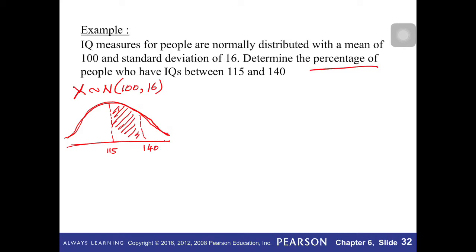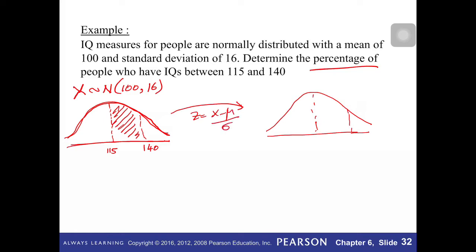So what I have to do is convert these values, or this whole curve, into a standard normal curve, by using z equals x minus mu divided by sigma. Do you remember that?